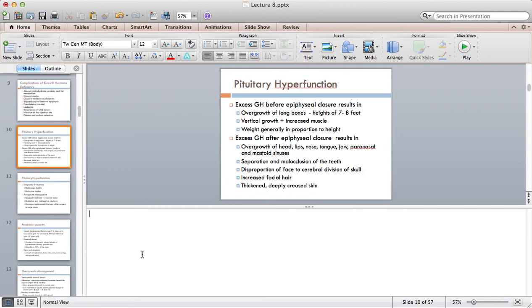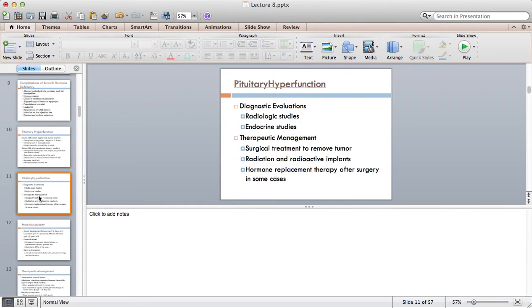And for this also, we look at the X-rays and the scan to see if there is a tumor or something that is pressing on the pituitary gland that is causing it to secrete excessively, that we identify on those scans. They can go into surgery and remove it to decrease secretion. And they will also follow it up with radiation.